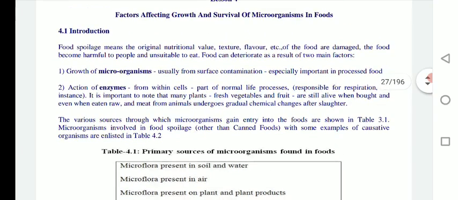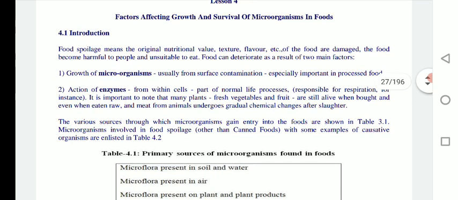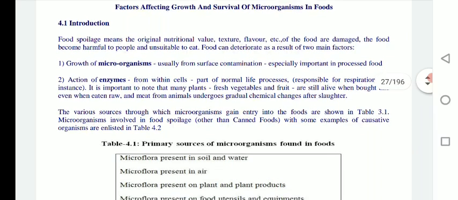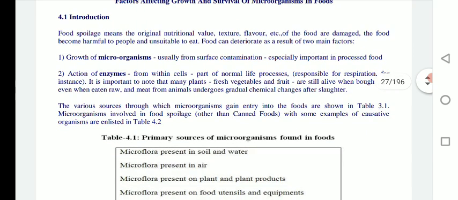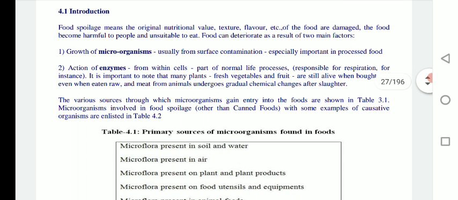These are the basic criteria to define spoiled food: the nutritional properties change, texture changes, flavor changes, and it produces off flavors. These are all criteria for spoilage, and we call this damaged food, and the food becomes harmful to people and unsuitable for consumption.